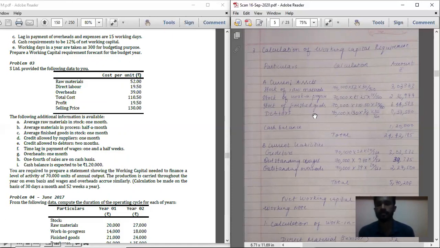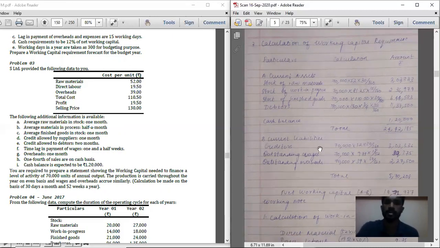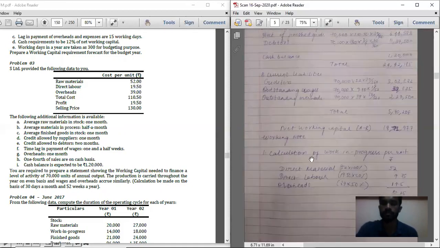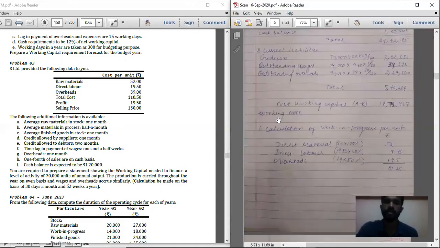First we will calculate the work in progress per unit so that we can finish the sum easily. Below current assets, leave 12 lines gap and put working note number 1.